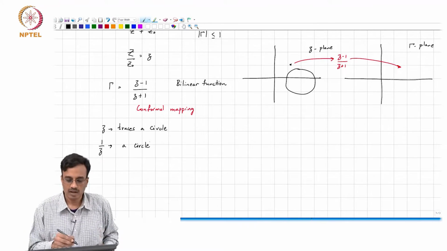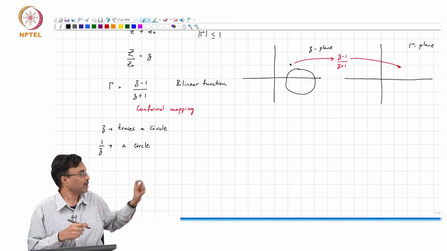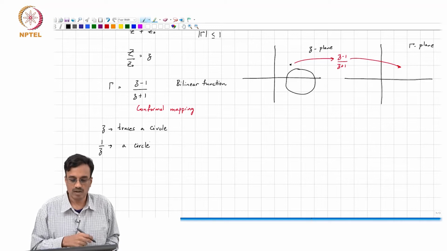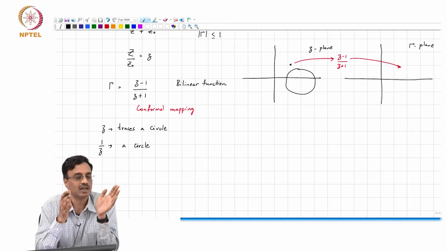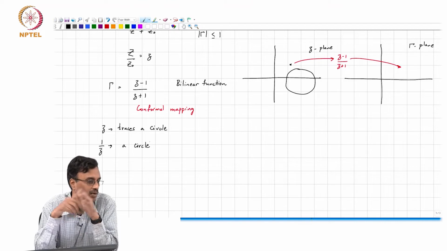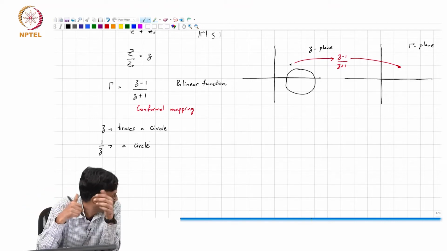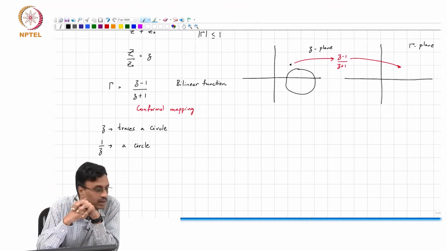Now, this reciprocal mapping is such that straight lines and circles remain straight lines or circles; when you find the reciprocal, it also becomes either a straight line or a circle.